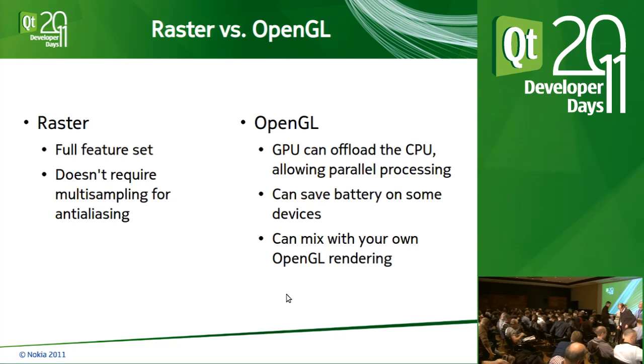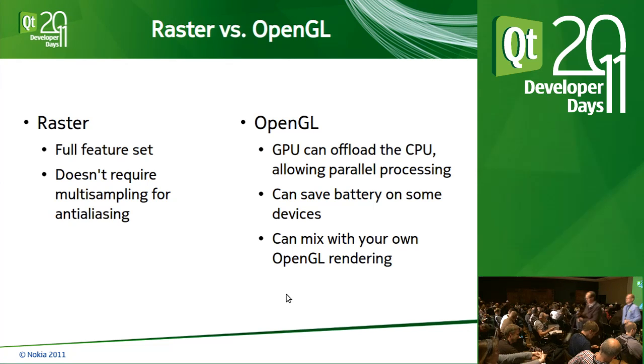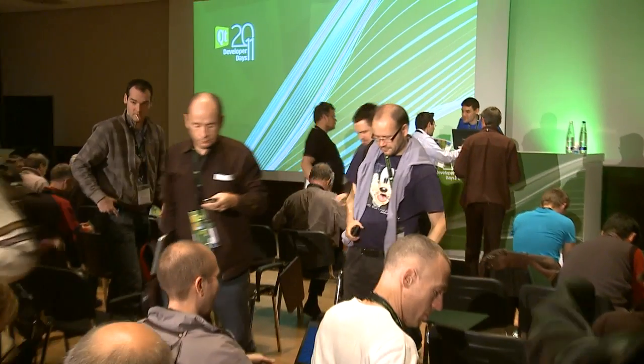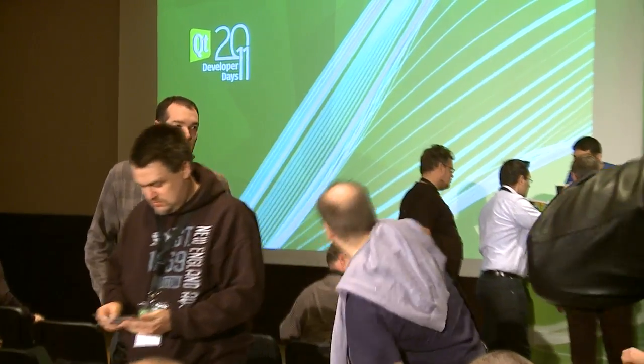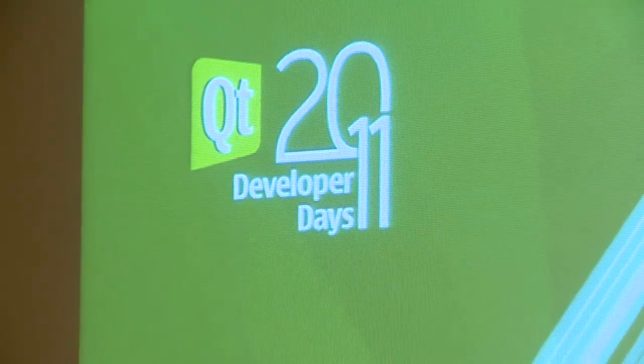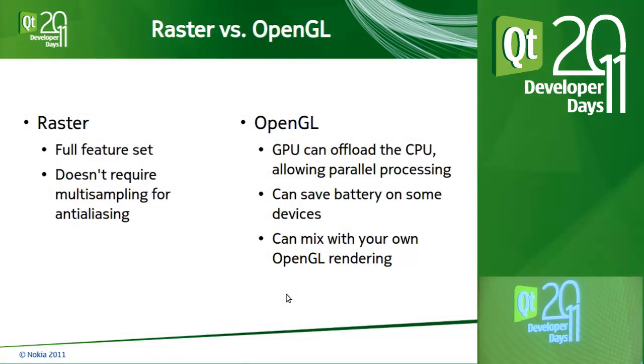Raster also has the benefit that it doesn't require multi-sampling when doing anti-aliasing, so it doesn't use more memory, and you can toggle anti-aliasing on and off during one single frame, and then spend the CPU cycles where it's needed. While on OpenGL, you just have to decide beforehand whether you want multi-sampling, and you're stuck with that decision.